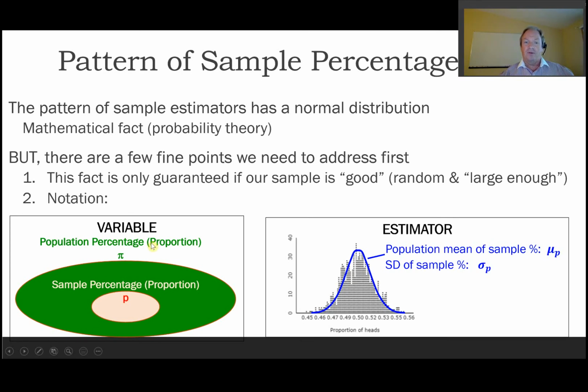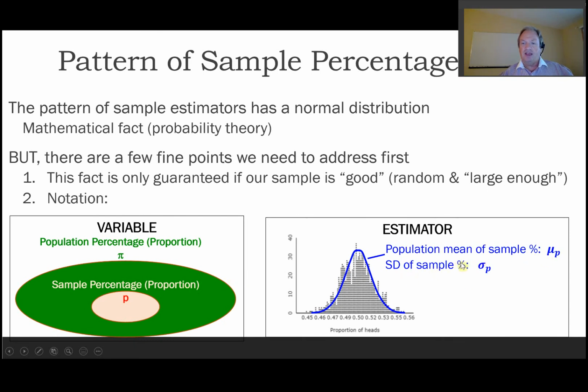Our variable's categorical, but the summary statistic, the estimator, is going to be quantitative. So it has a mean. So the mean we always represent by the Greek letter for small m, and this is pronounced mu. And this is the mean of the sample percentages, which we recall as small p.